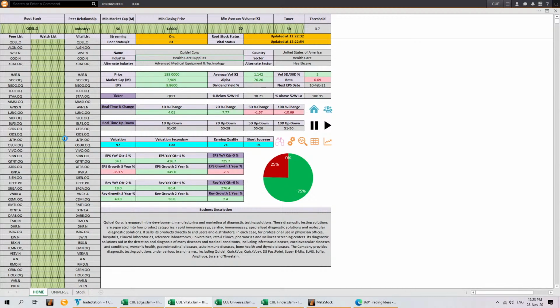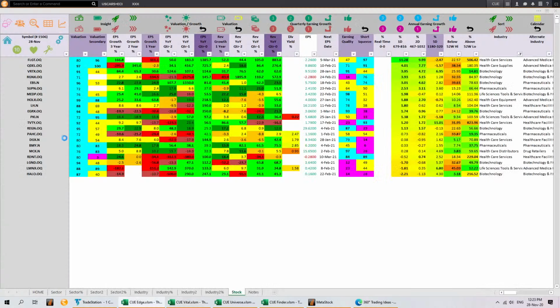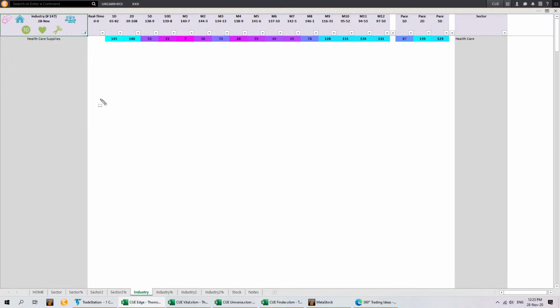Using the gear icon, I can look it up from Q Edge. Excellent score with acceleration, and once again an industry that is turning around.